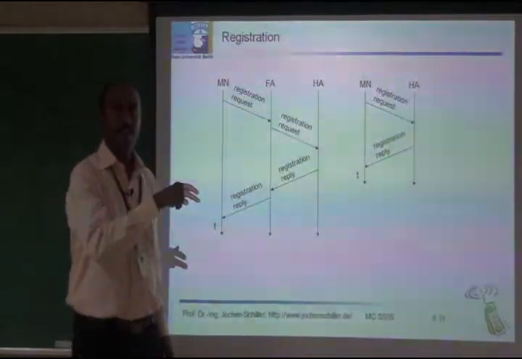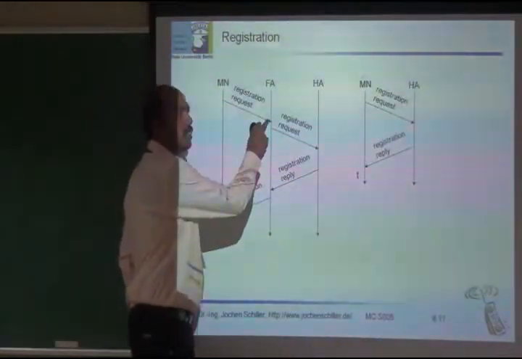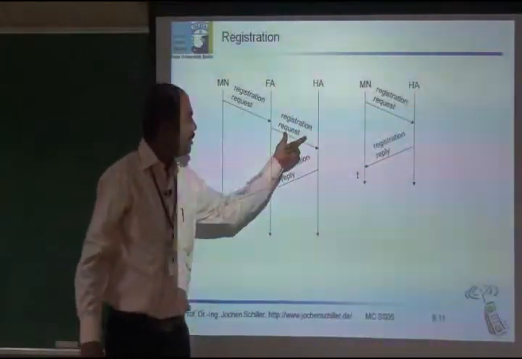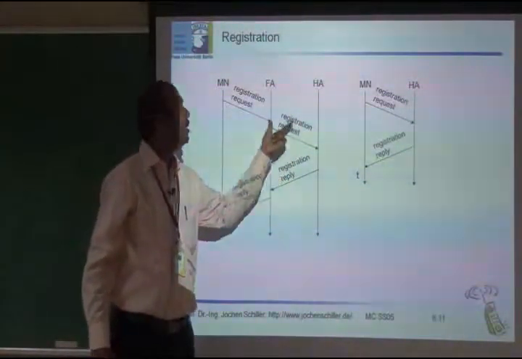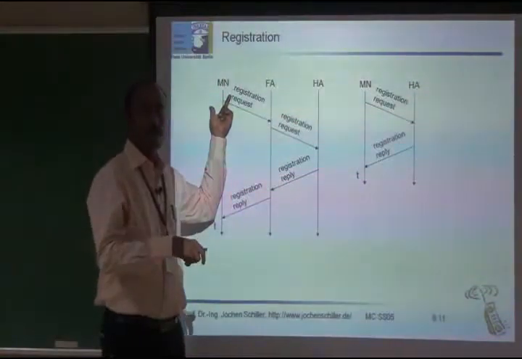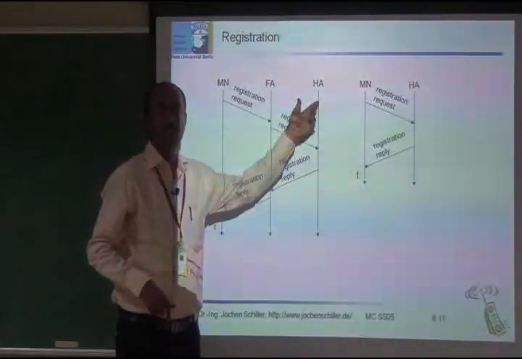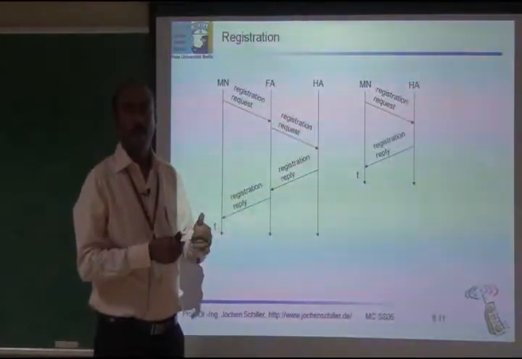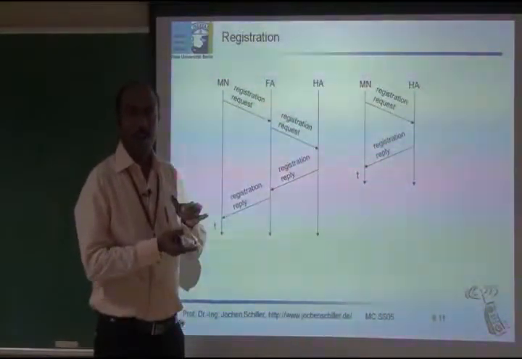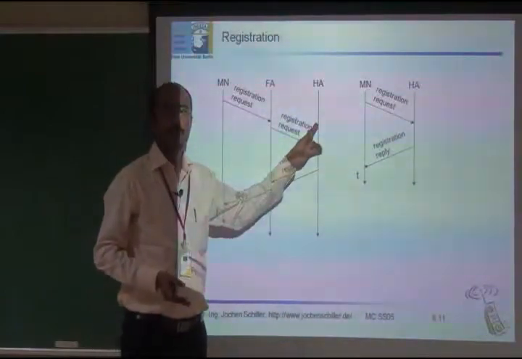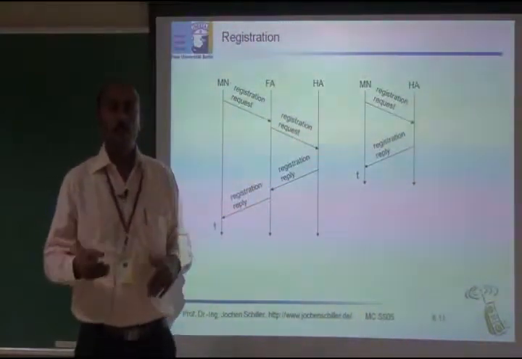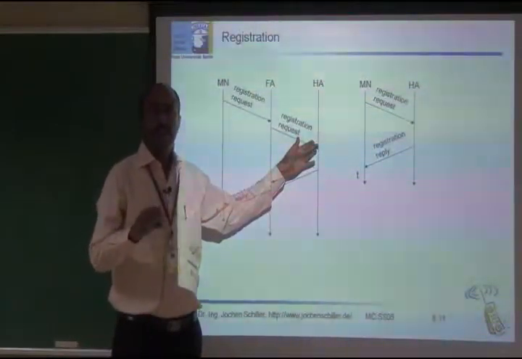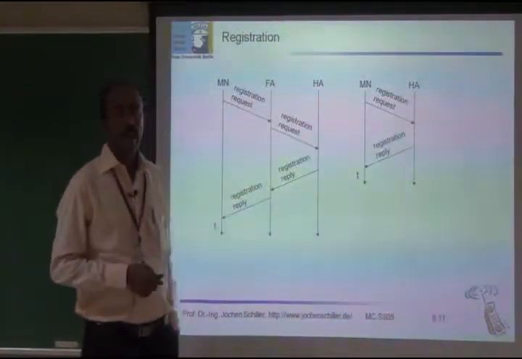After assigning the care of address to the mobile node, it will send the registration request to the home agent. So in this registration request, the care of address of the mobile node will be sent to the home agent. The home agent will store the care of address of the mobile node of this particular time. Then only when the correspondent node wants to communicate with this mobile node, the home agent will forward the data to the particular mobile node directly.